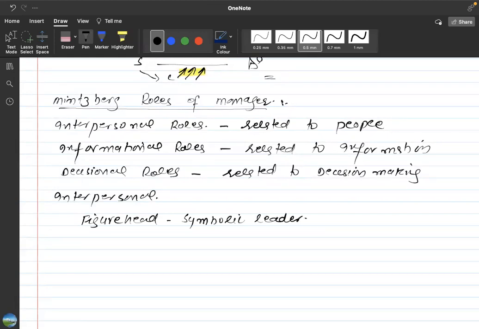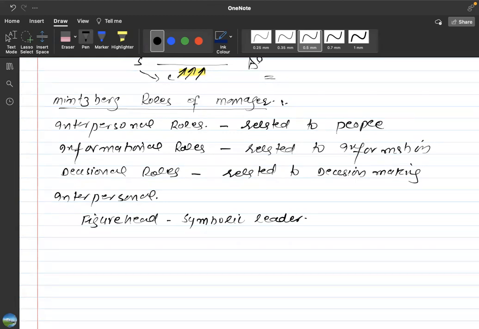the person who does not have a set and formal authority in the business organization, but still people follow him. People follow him because of his charismatic personality, because of his paternal or maternal attitude towards the employees, because he's so motherly or fatherly towards the employees. That's why people accept him as a leader.